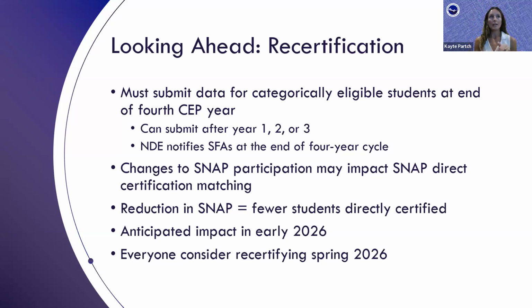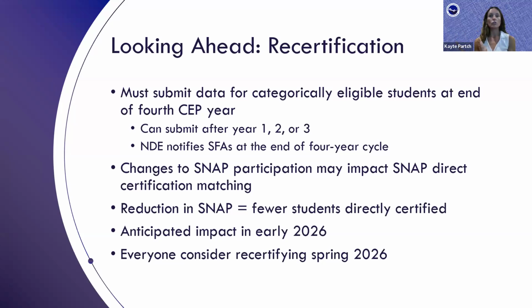But the point I need to make that I think is important for recertification for those of you who are in the middle of a 4-year cycle, you will not end that in the spring of 2026. As in the school year 25-26 is not your 4th year of the current cycle. So you could continue on, right, without having to recertify in the spring.